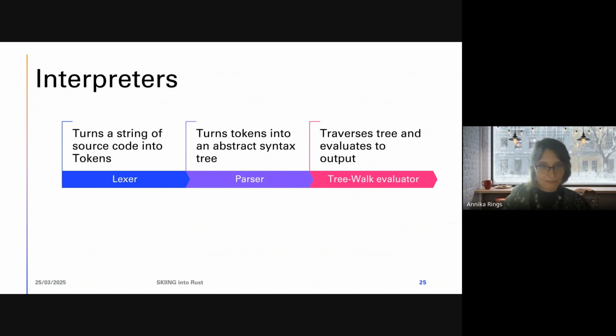Then the parser turns these tokens into a tree-like representation called an abstract syntax tree. And from there on, a lot of things could happen. I chose probably the simplest one, but not necessarily a very efficient idea, which is to just traverse the tree and produce some output.